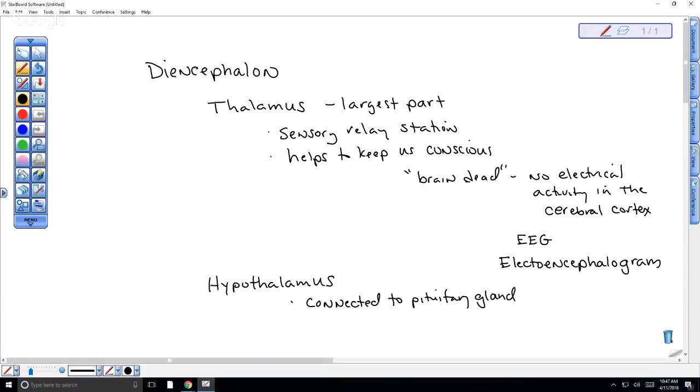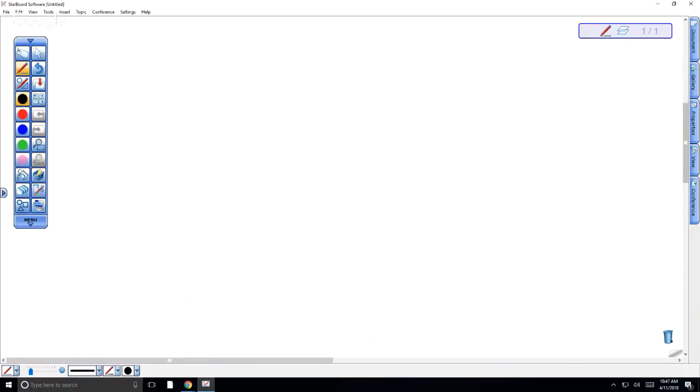And the pituitary gland is our master control gland. It regulates metabolism, reproduction, and all growth, for example. So the hypothalamus is the connection between the brain and the endocrine system. So I'll put that connection.